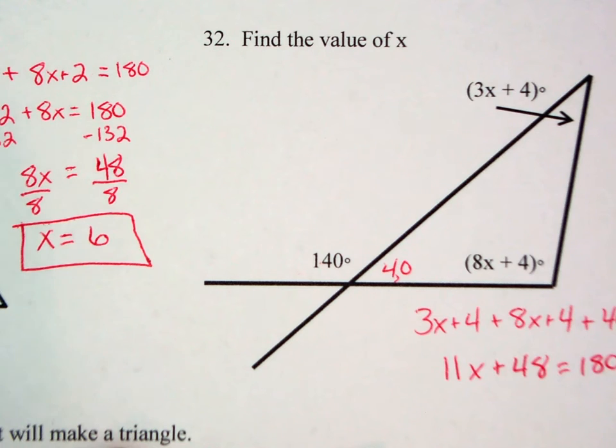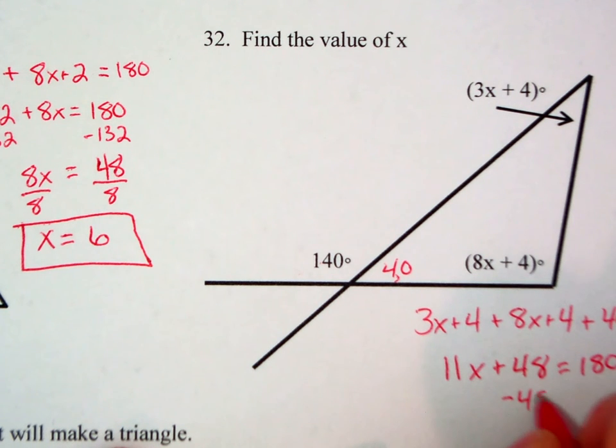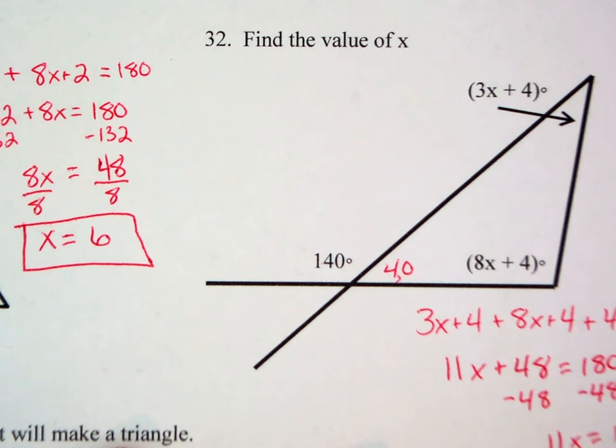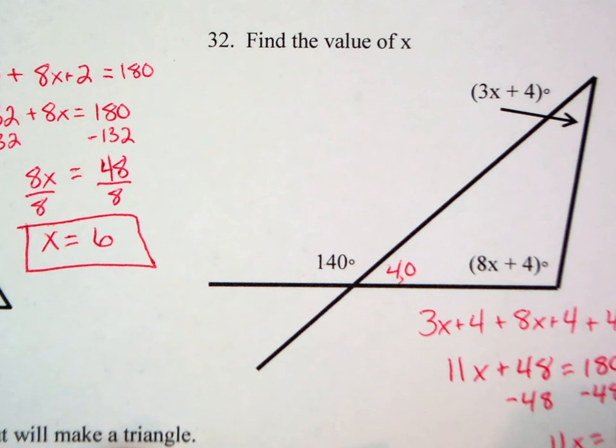We will first subtract 48 from both sides. And 11x will equal 132. When we divide by 11, we determine the value of x to be 12.